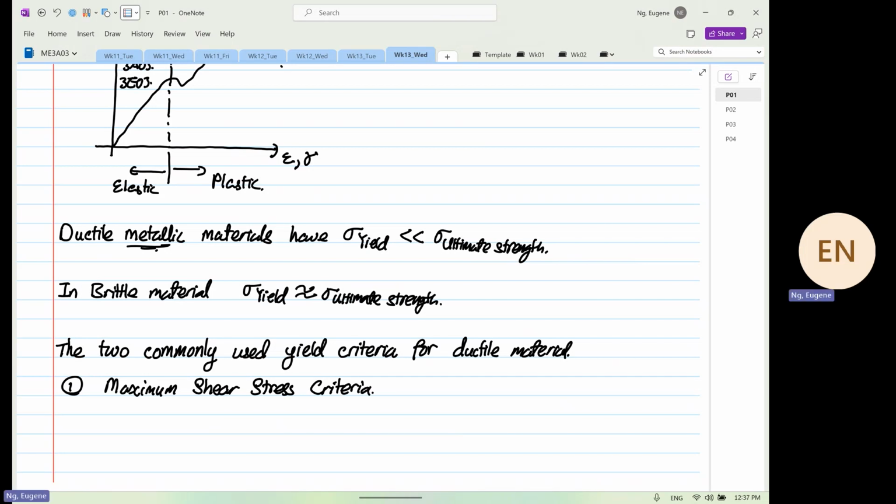Okay. And it is normally known as Tresca criteria. Tresca spelled with a T. And the second one is known as the maximum distortion energy criteria.